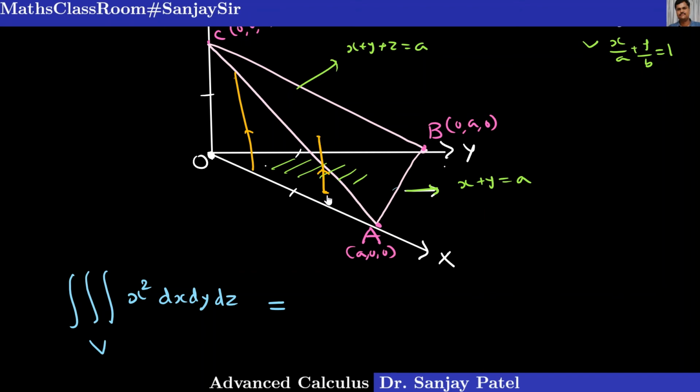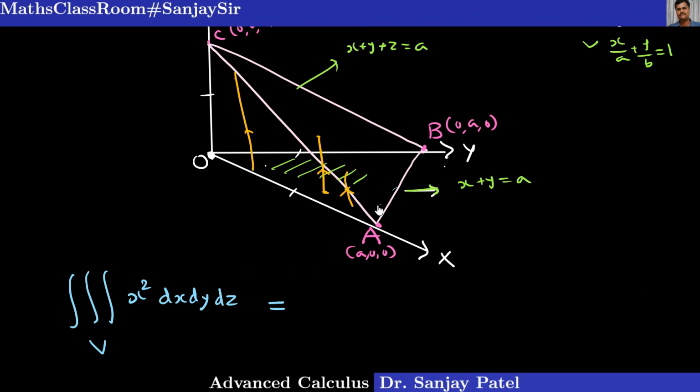Now we have to think of surfaces, not curves, because when you integrate with respect to z first, remember z is the first variable you are integrating. So the limits of z will be functions of x and y. In fact, limits of z are surfaces. So we have to find the equation of the lower surface and the upper surface, that is the end points of this strip. Even if you take a strip here, the lower end is on this xy plane.